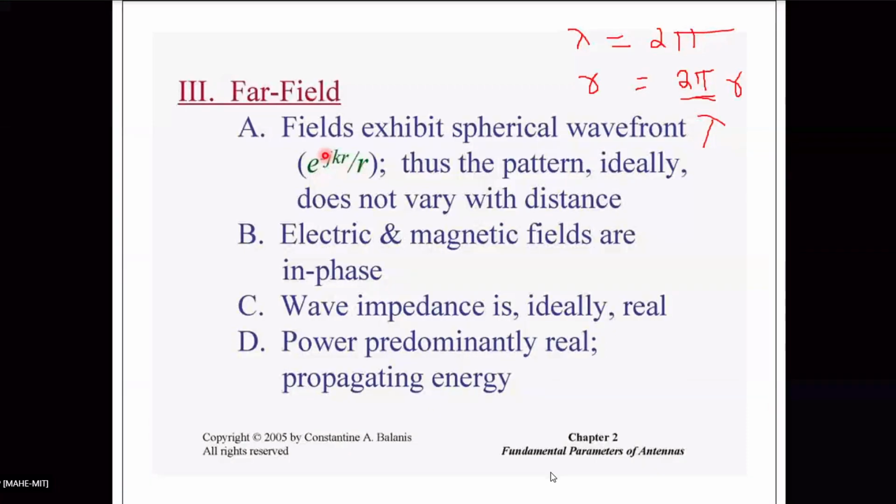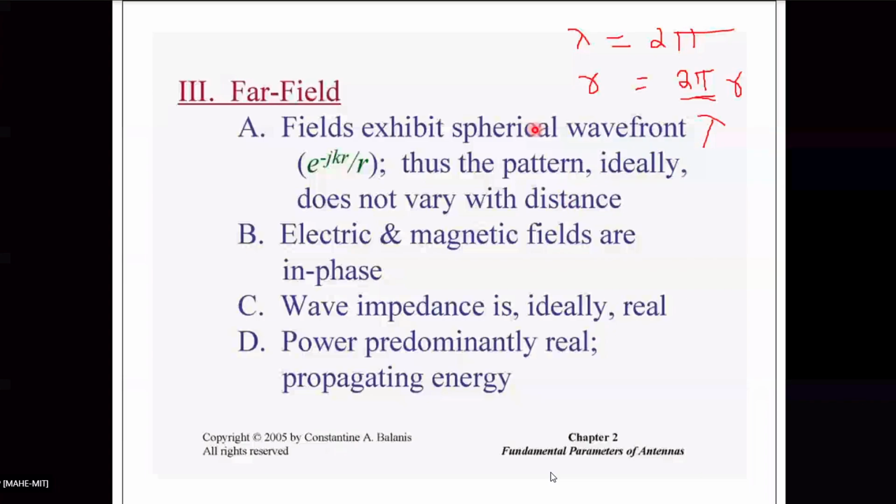Okay. So field exhibits a spherical wavefront. Now what do you mean by spherical wavefront? See, if you consider time is constant, for a fixed r is surface of a sphere, the phase of the electric field at all points will be the same for a fixed time.